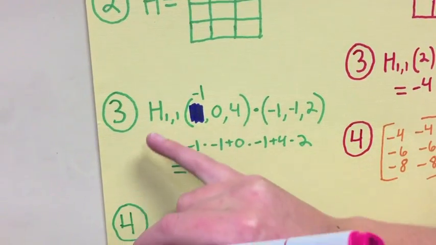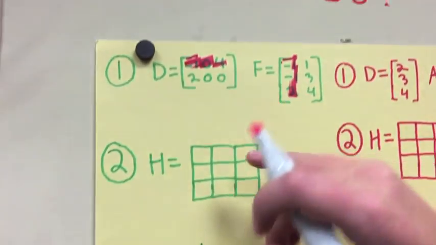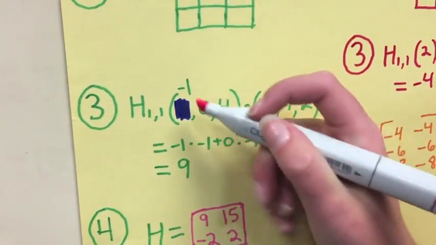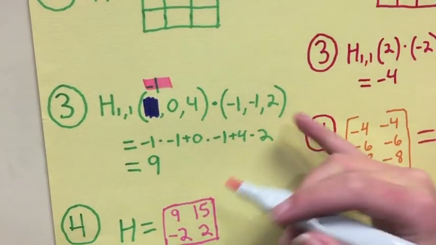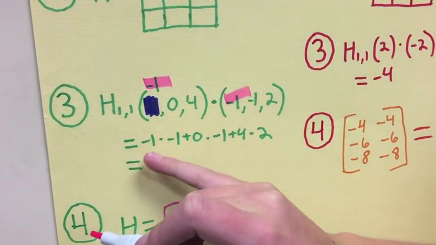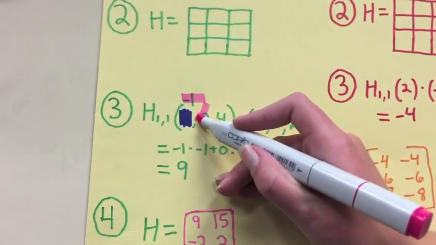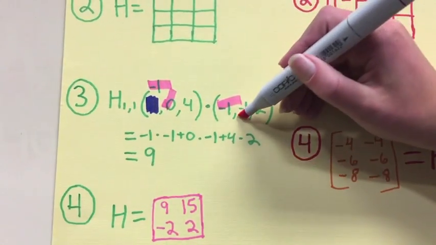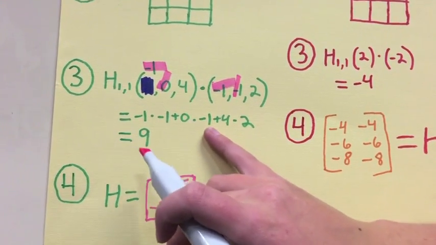Okay, so to find H11, which is referring to the first row across and the first column down, we start with the first number in these parentheses, -1, and move over to the first one over here, -1. So we're doing -1 times -1. Moving on to the second number, 0, we multiply that by the second number over here, -1, and that will be 0 times -1.